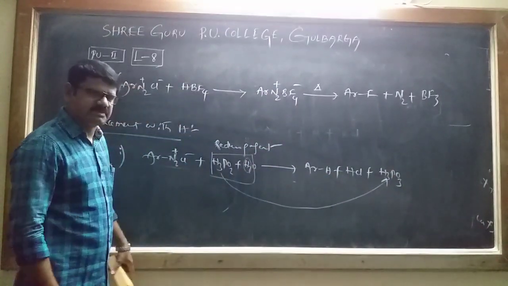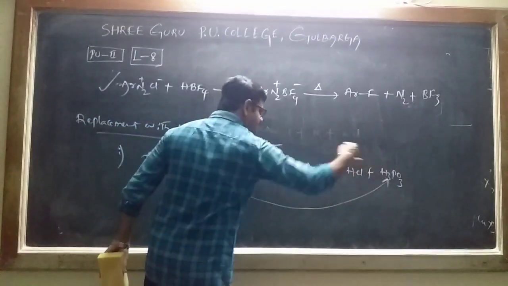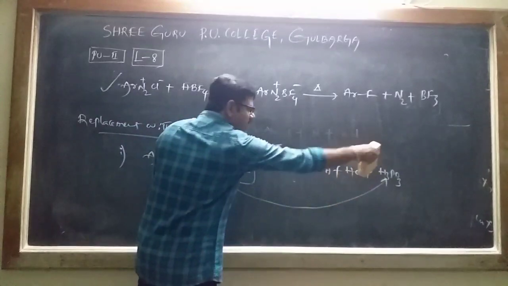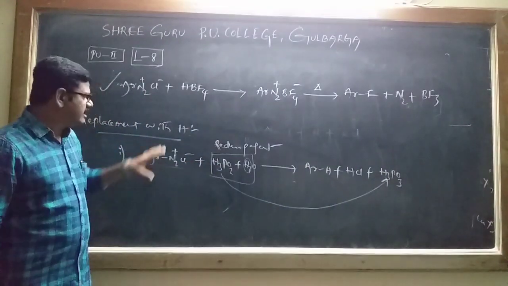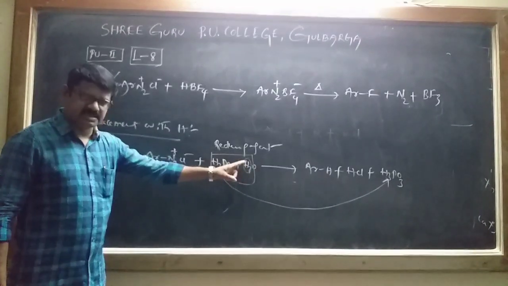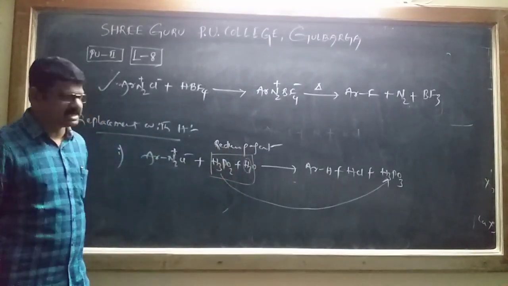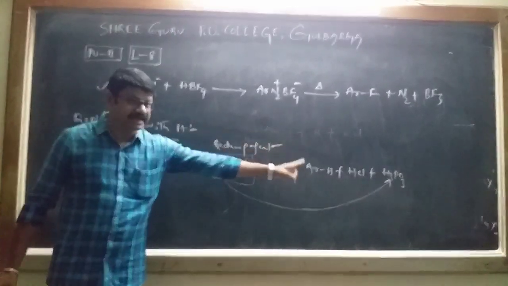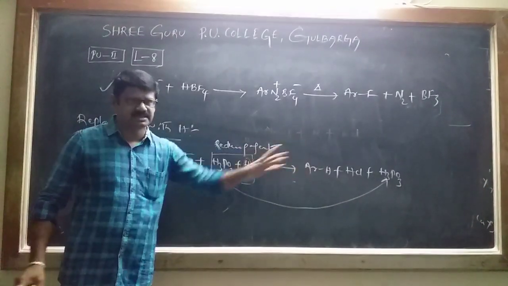Addition of oxygen is taking place. This is called oxidation. That means the reducing agent itself undergoes oxidation. That's why it has reducing property. H3PO2 is a mild reducing agent which reduces diazonium salt to arene. Arene is nothing but benzene.